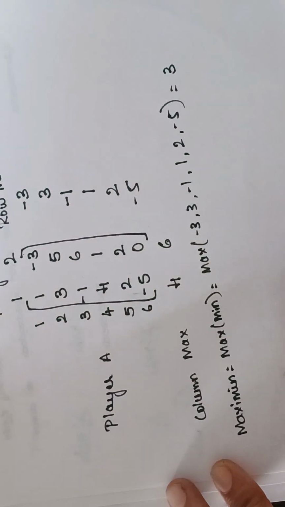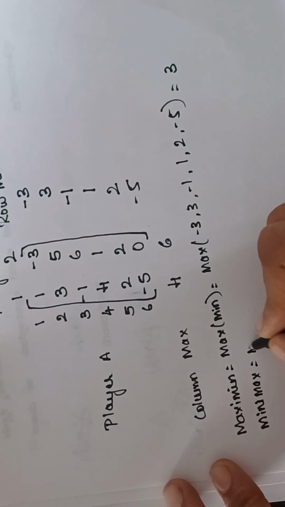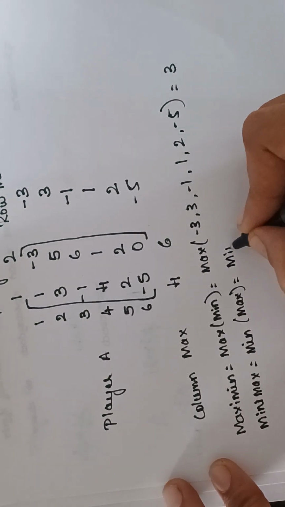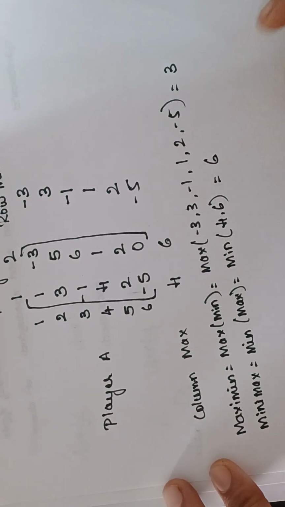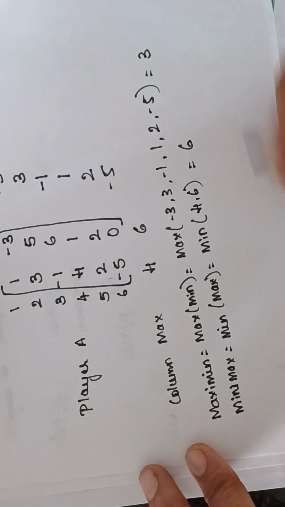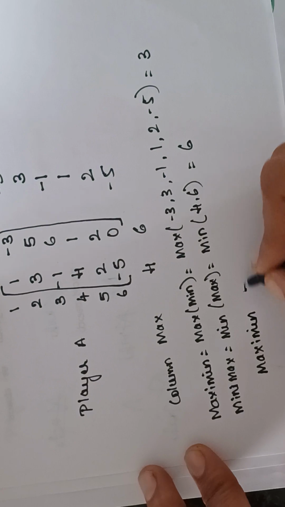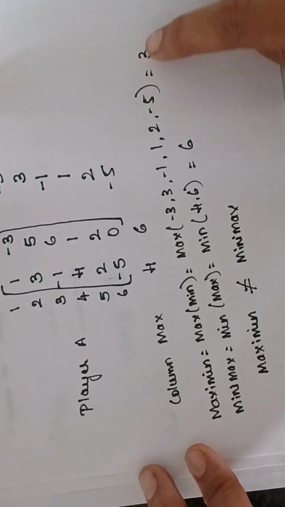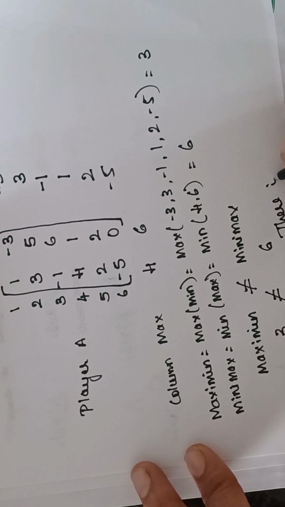Now minimax, that is minimum value from the maximum values. The maximum values are 4 and 6, so the minimum is 6. Now let us see whether there is a saddle point. Maximin is not equal to minimax, because maximin we have got 3 and minimax is 6. Hence there is no saddle point.